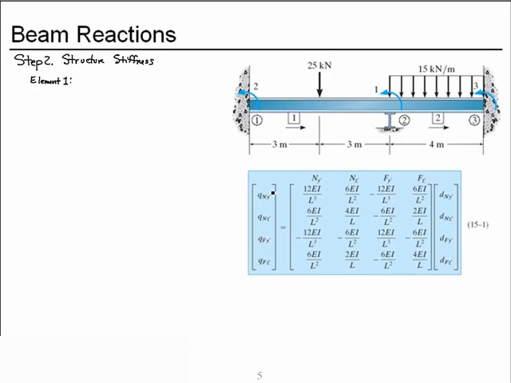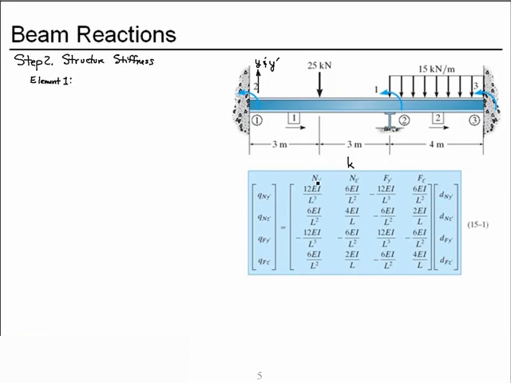But for a beam, the local coordinate system and the global coordinate system are the same. So this is the element stiffness matrix, little k.